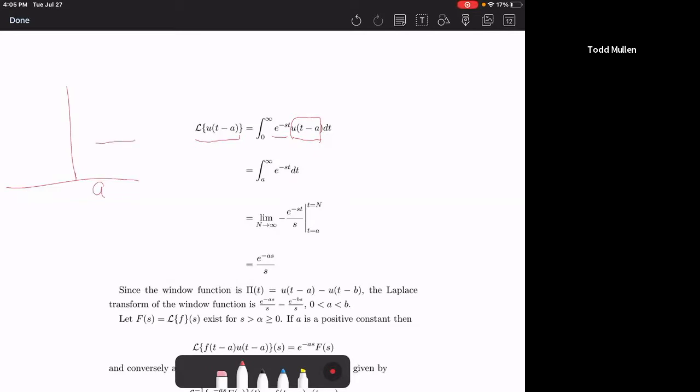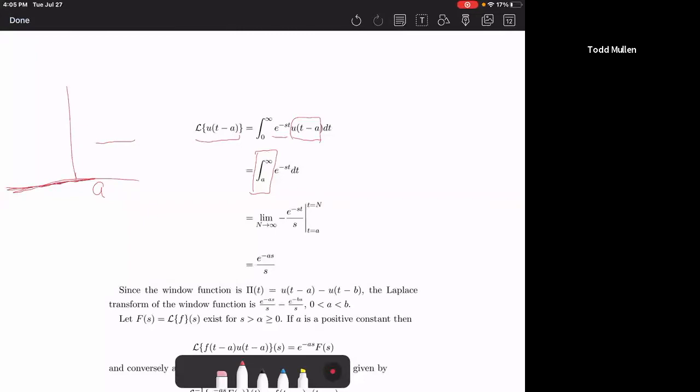So it's the same as saying it's the integral of 1, but only over a smaller area, from a to infinity, not from 0 to infinity. So instead of integrating from 0 to infinity, we're only going to start at a, because everything less than a is just 0 anyway.